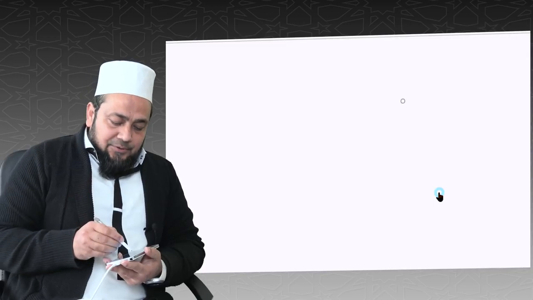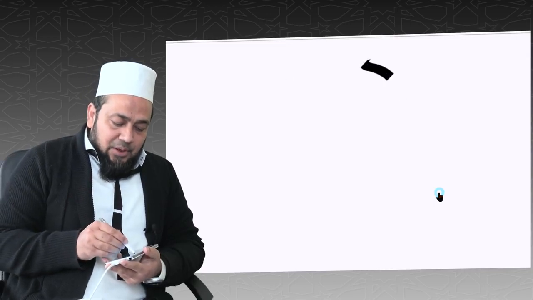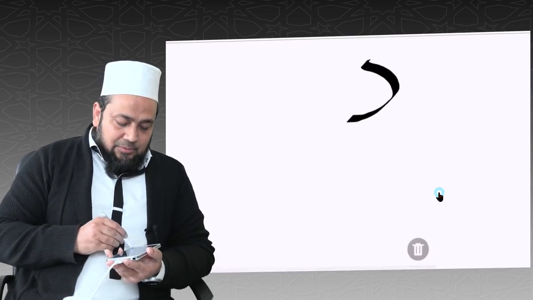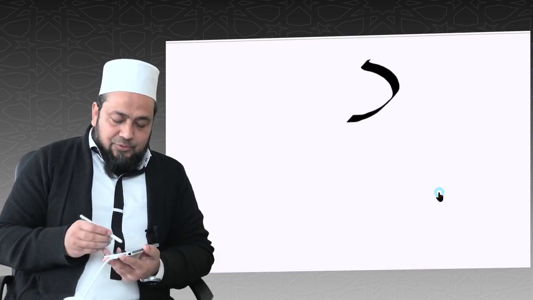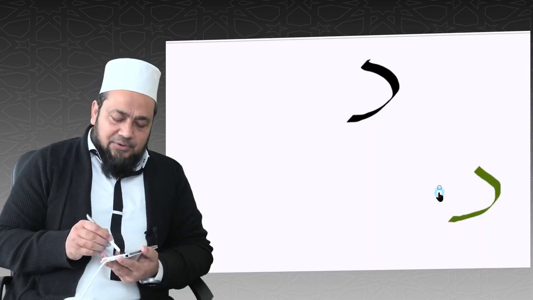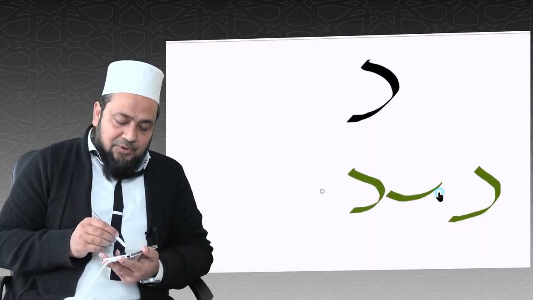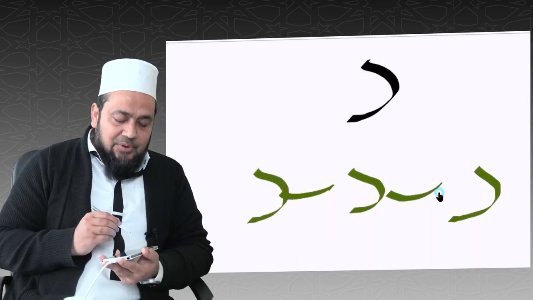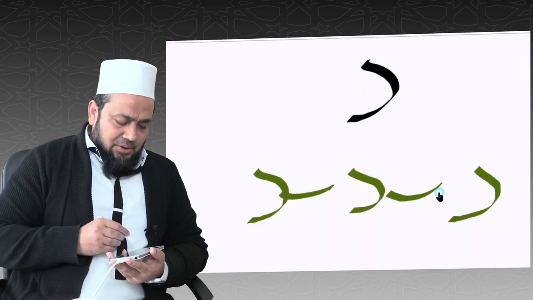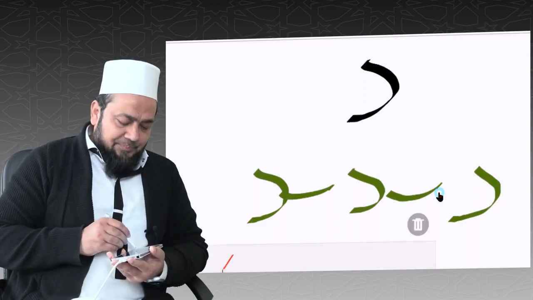Next letter is Dal. Standalone shape of Dal is this one. When it goes at the beginning of the word, the shape is this one, exactly the same. Middle of the word shape is this one, and end of the word shape is this one. More or less the same, there is not much difference.